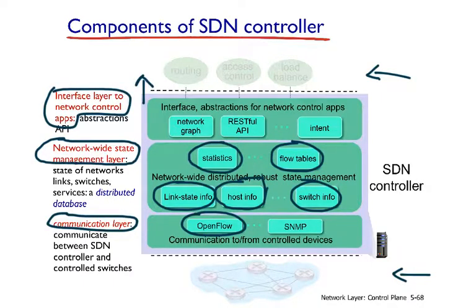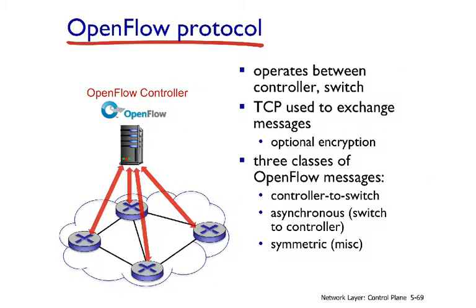On top of this second layer, we have an interface, an API, to communicate the controller with the applications. Here we have a global view of the network with the network graph. We can use RESTful APIs or intents to communicate with the applications. The OpenFlow protocol is the communication protocol that is able to communicate the controller with the switches.